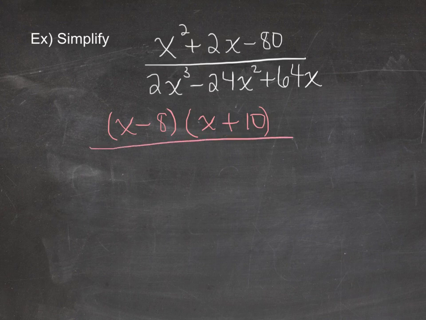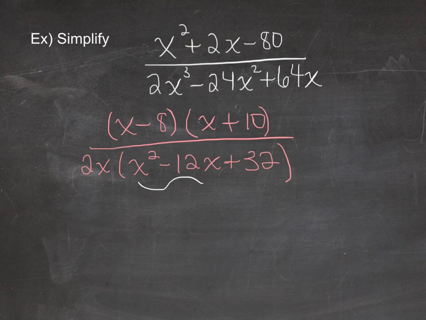And then in the denominator, I can factor out a 2x, because that's common in all the terms. So I'm going to do that first, and then I'm left with x squared minus 12x plus 32. Okay, so now I have a quadratic in here, so I can factor that as well. I'm looking for two numbers that multiply to 32 but add to -12.